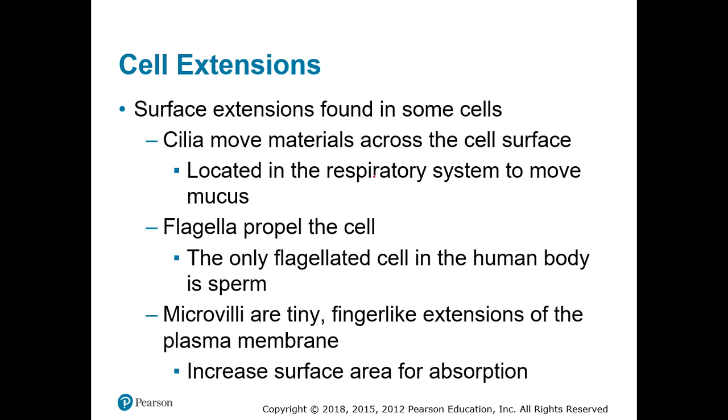For example, you're going to find them a lot in your respiratory system to help move mucus. So again, if you have the cell, they have little projections off of it, and they kind of swim back and forth. Then you have your flagella. This is typically going to be, if you had a cell, one long projection, and this is usually found in sperm.